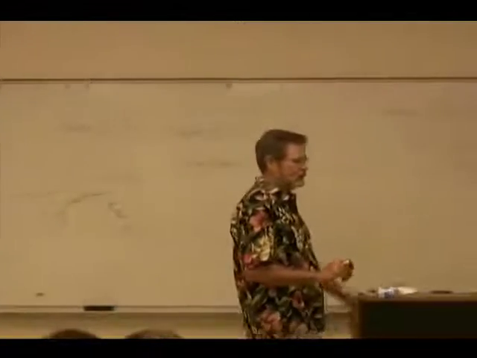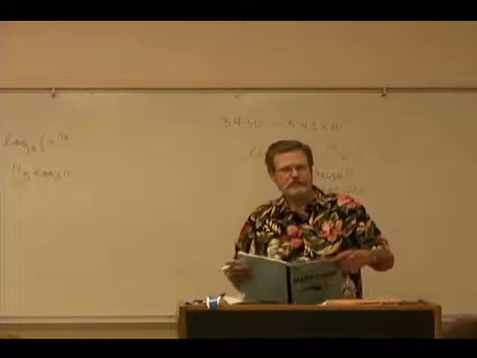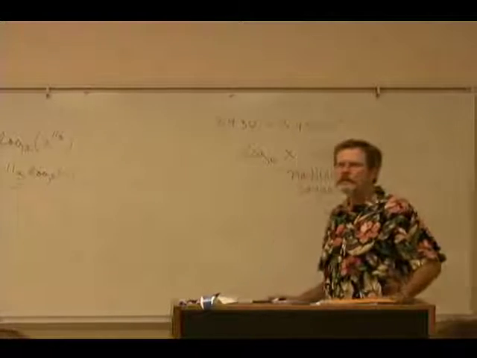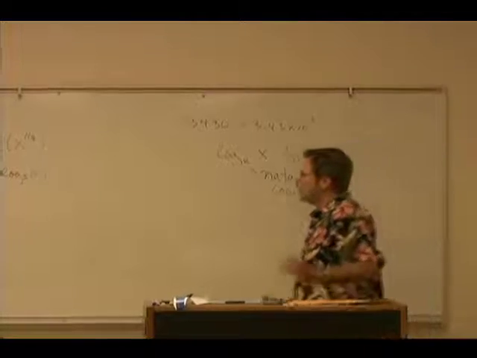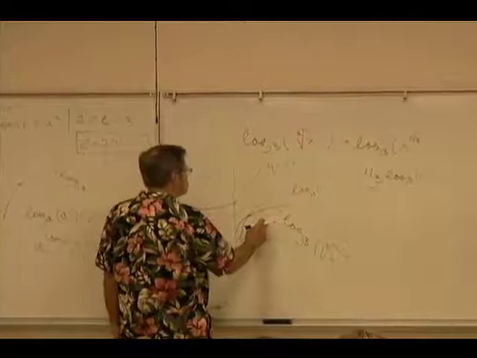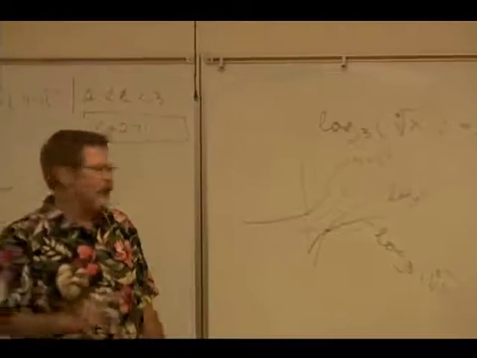I was thinking I wasn't going to do this as a graphing problem, but it makes sense to do it as one. Questions on that? Yes? You're just multiplying the y value by 1/3. For example, log to the base 3 of x is 1 when x equals 3.